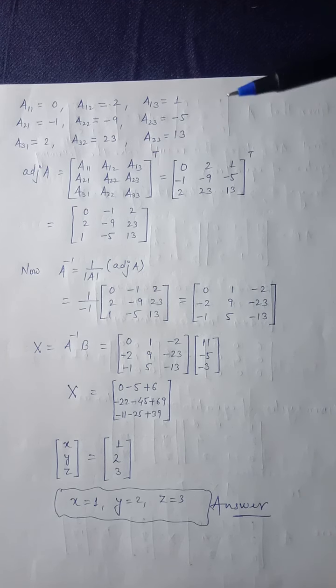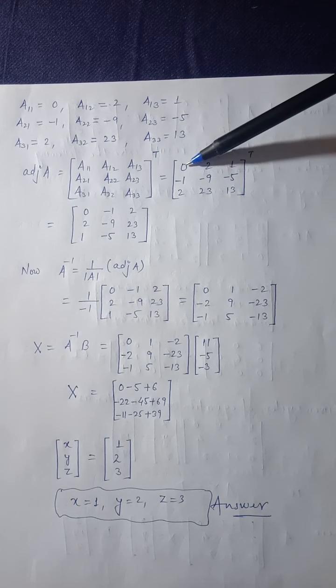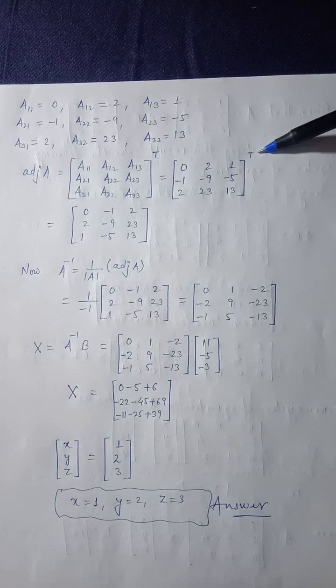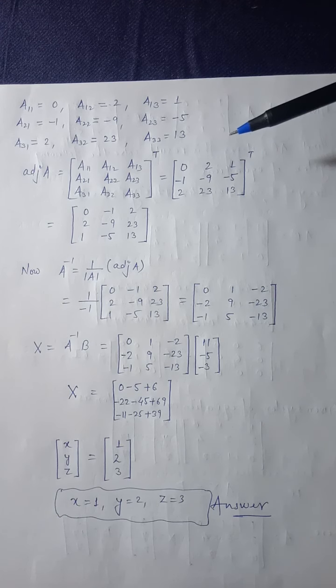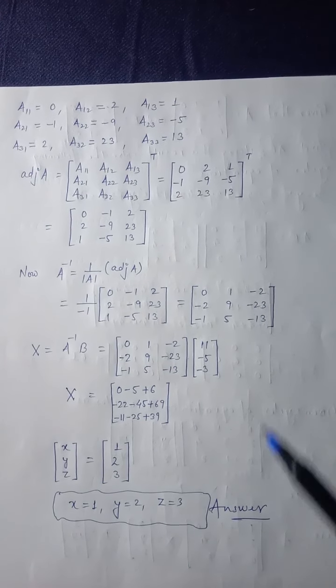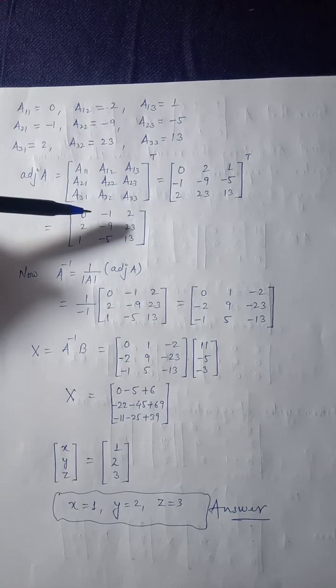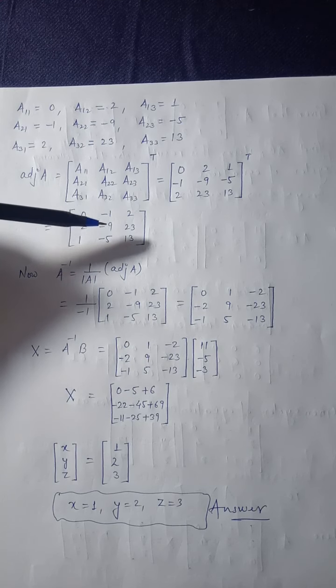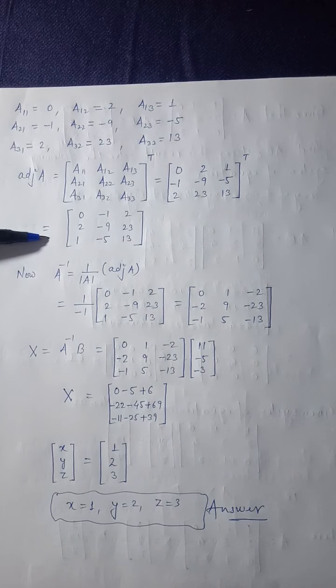So first put the values, all the values are known. Now put the values and take the transpose. So when we take the transpose, this first row 0, 2, 1 will become a column. You can see this will become a column. Similarly, the second row will become the second column and the third row will become the third column. So this is our adjoint of A.